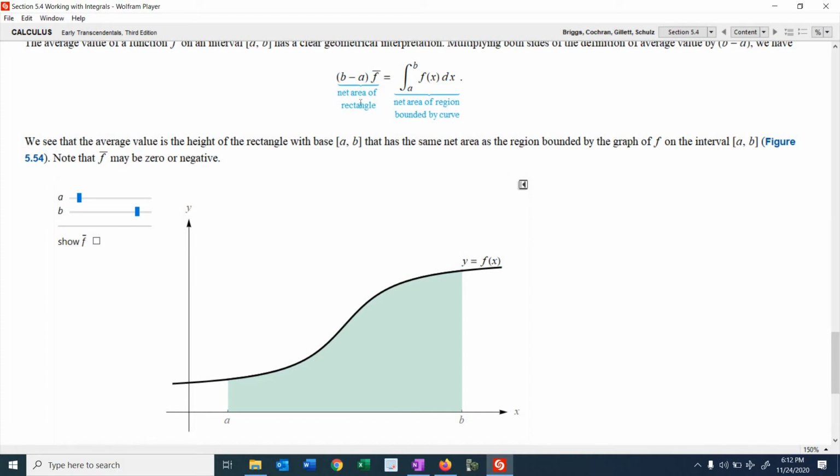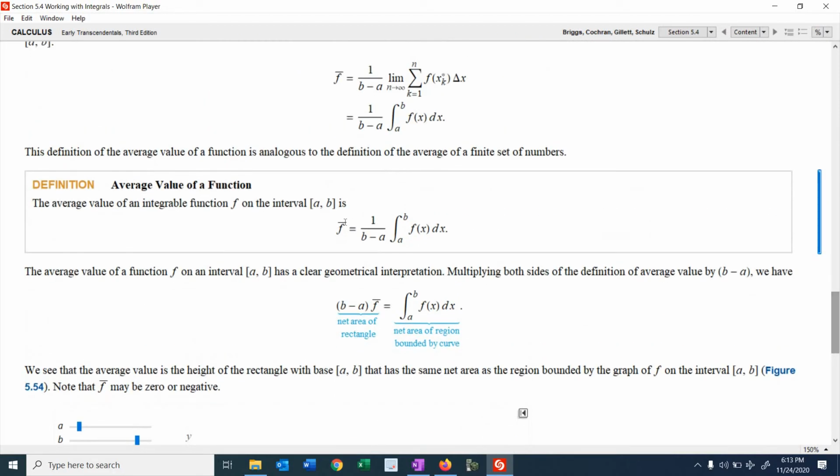So these are equal, right? This is the area of the rectangle, and this is the net area trapped under the function from a to b. And then if you divide b minus a to the other side and isolate f bar, that's where you get this formula from. That's why f bar is equal to 1 over b minus a times this definite integral.